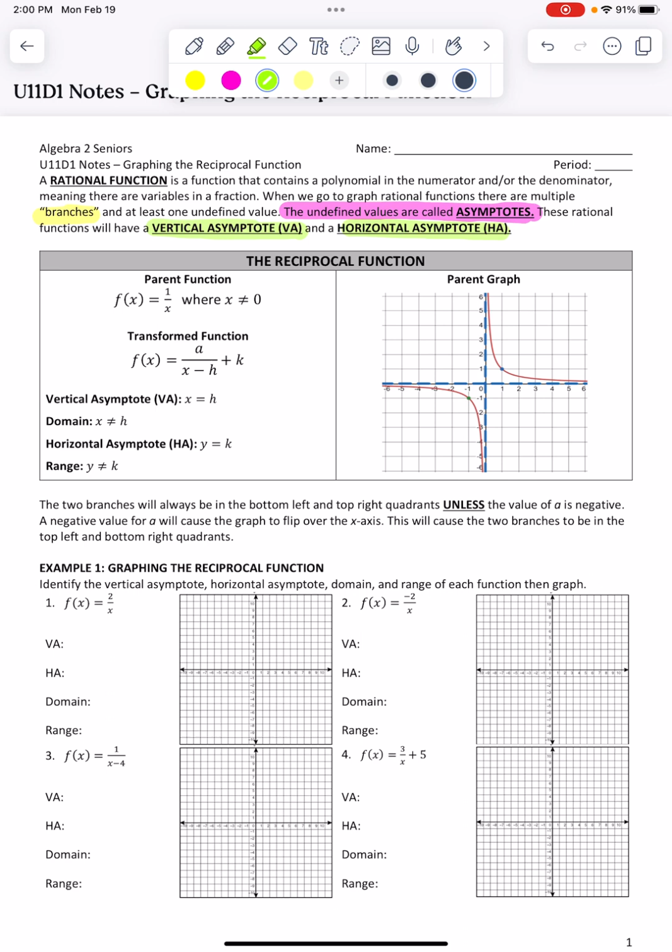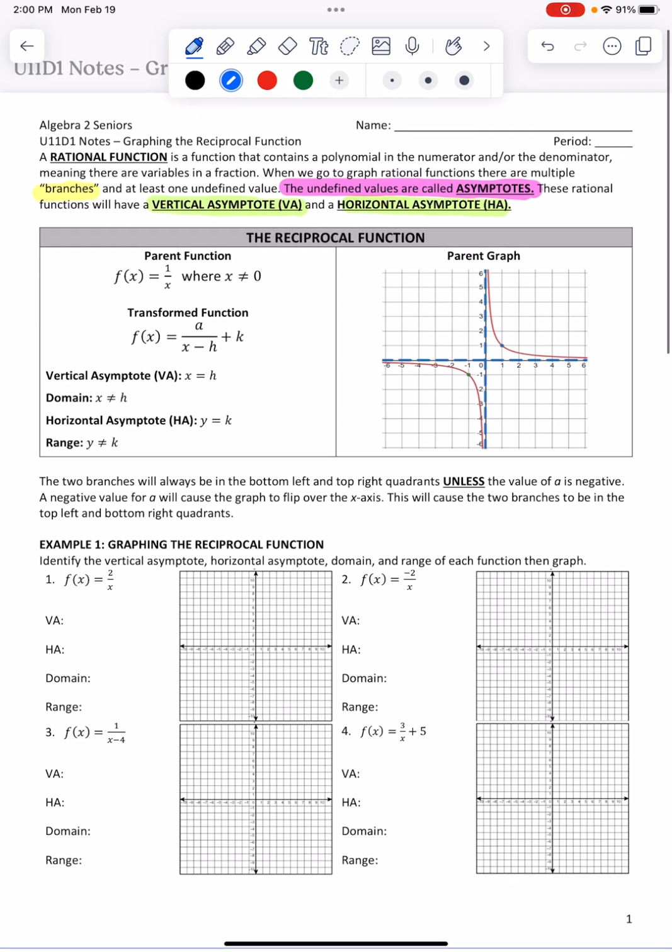Now, with these, we're going to deal with graphing things with a parent function first, right? And then we're going to get into more complicated ones as things go. So the parent function 1 over x is called the reciprocal function, okay? The graph of it looks like this over here on the right. So we have this vertical dashed line right here. That's our vertical asymptote.